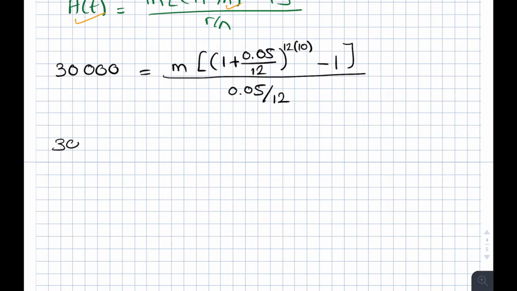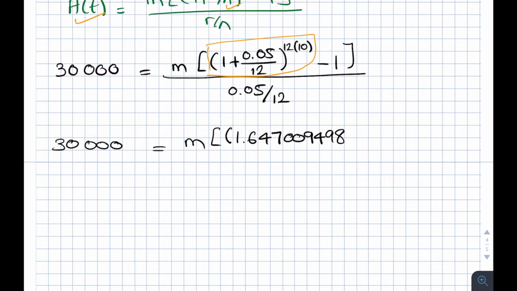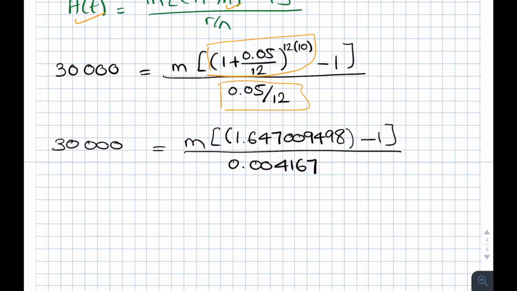So I have 30,000 is equal to m times 1.647009498, which is this value over here, minus 1, and then all of that divided by 0.004167, which is this value over here.